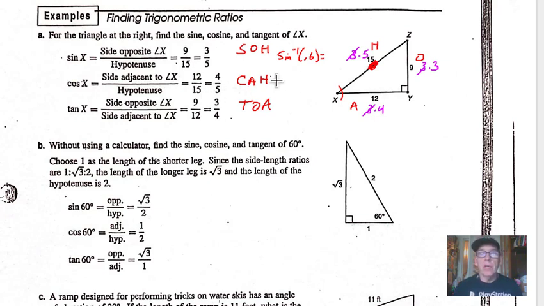Or using the cosine ratio, we could do cos^-1 of 0.8, which would give us the measure of angle x. And we could do the same thing with tangent. tan^-1 of 0.75 would give us the measure of angle x.